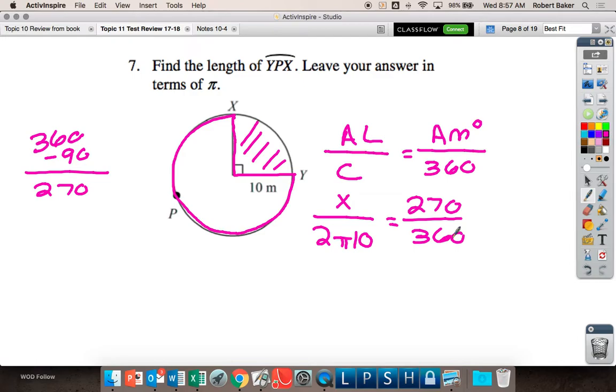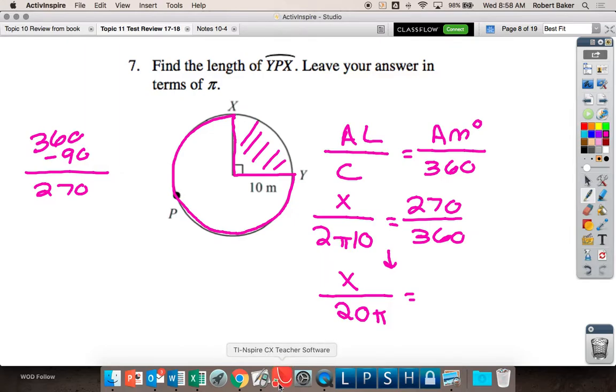Now, I like to do the simplified technique before I continue. So, if I simplify this, I get x over, what's 2 pi 10? I also like to simplify that. I'll show you that in the calculator.